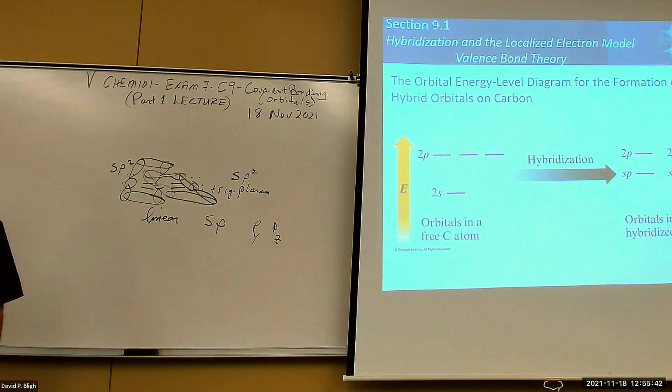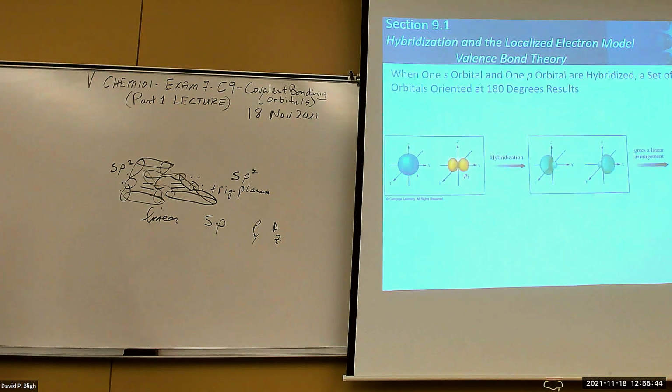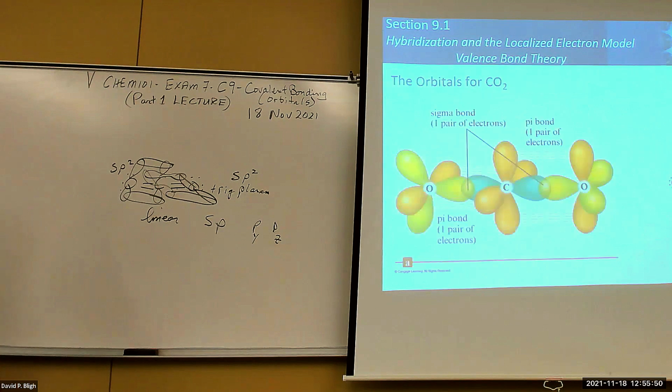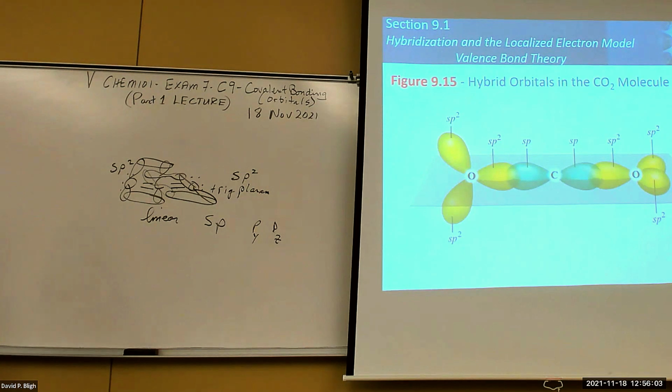We're not talking about oxygen yet. That's what it would look like, how they're positioned, so we get this linear molecule. And this is an illustration of the overlap. So these overlap here, and then these overlap there. That's another way to look at it.